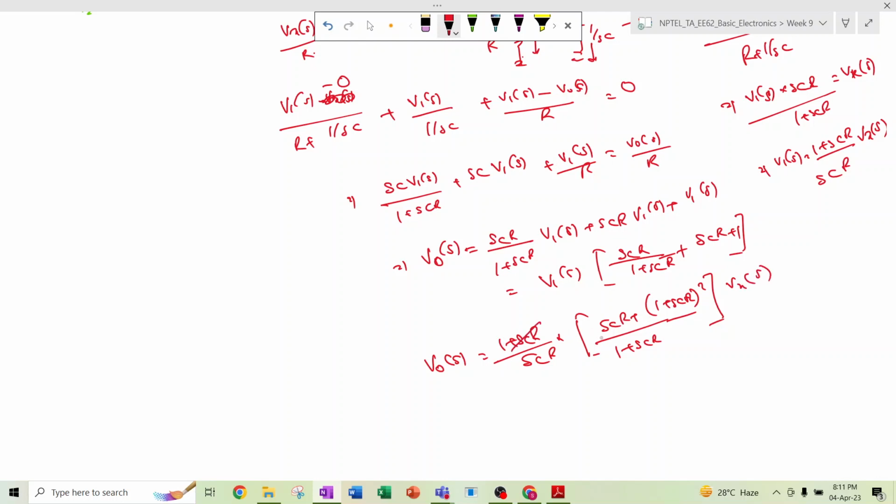So this 1 plus SCR cancels out, and this is (1 plus SCR) whole square plus 2 SCR plus 1 SCR, divided by SCR into VSX.